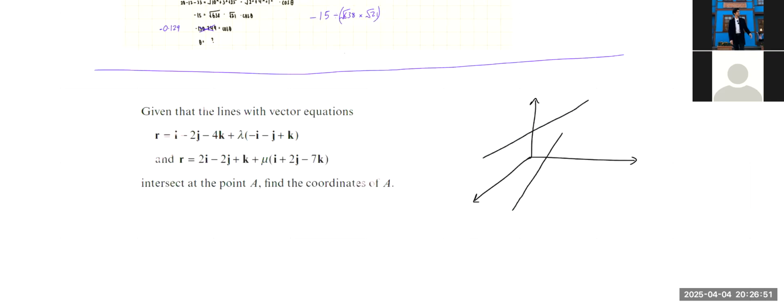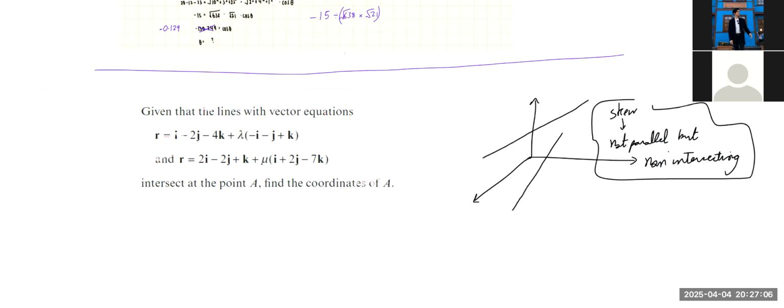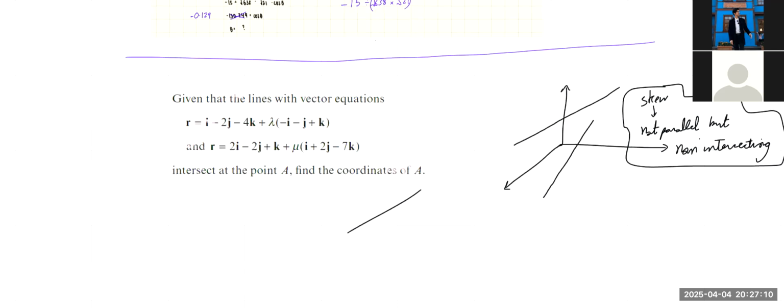These are called skew lines. Skew means not parallel but non-intersecting. Try not to remember it verbally. Visually, it's much easier to imagine: two pencils that never meet because they're at different heights above the ground.